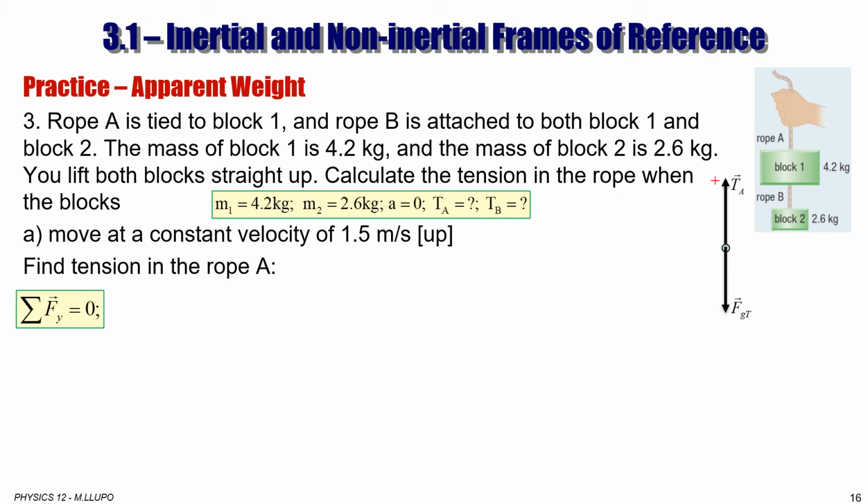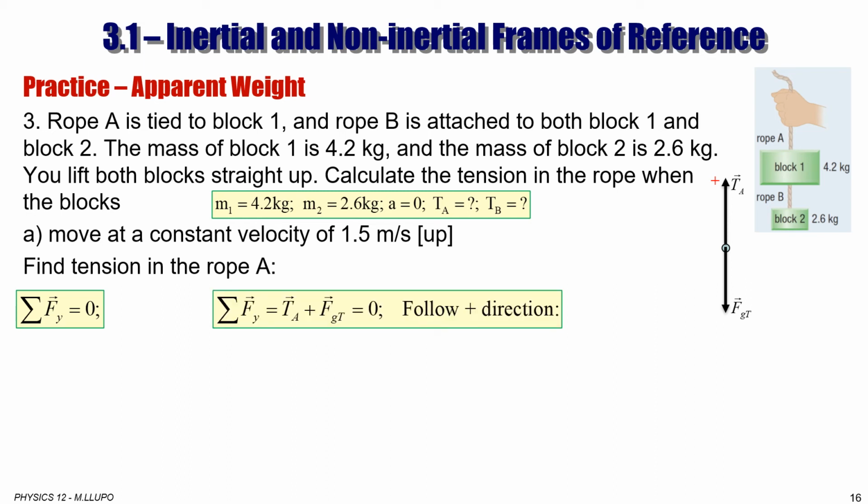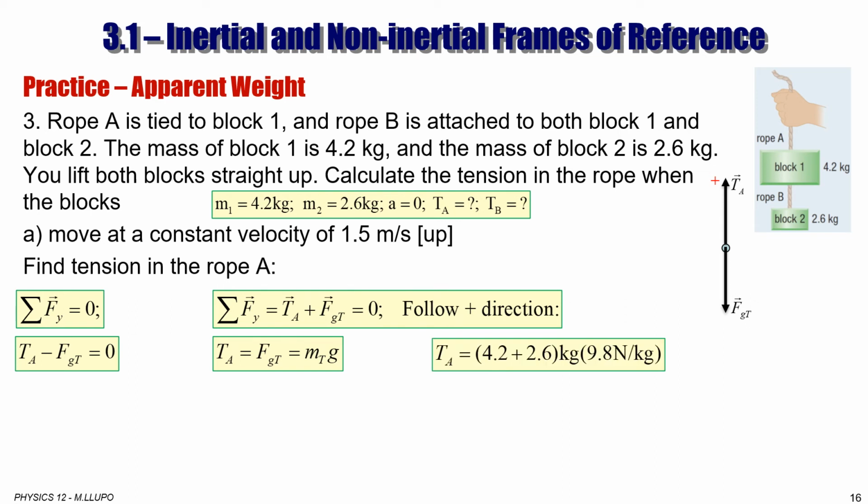Then sum of all forces on a y-axis is equal 0. So we have two forces, TA and Fg total is equal 0. We can choose that positive direction to be TA minus Fg total is equal 0. So TA is equal to Fg total, or is equal to m g total.